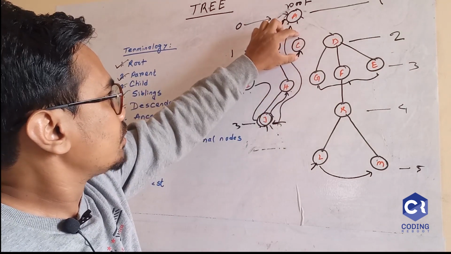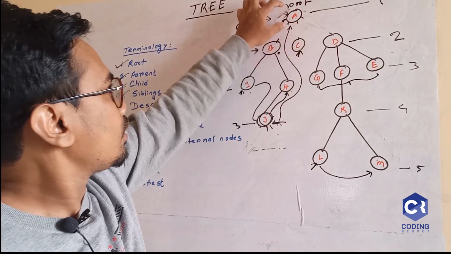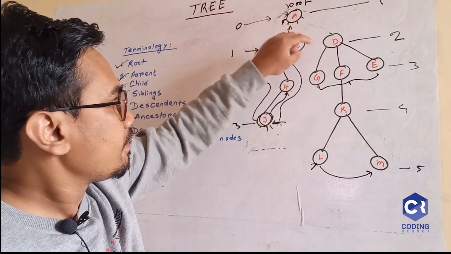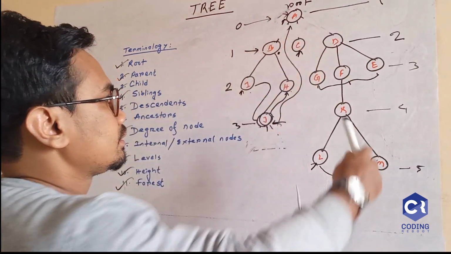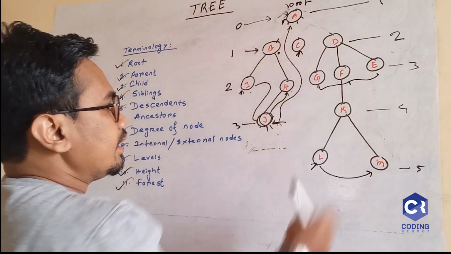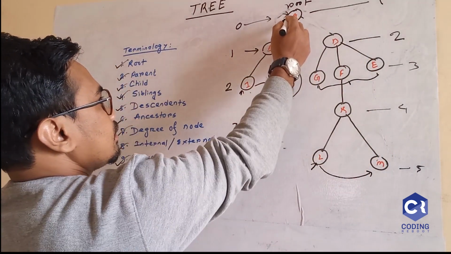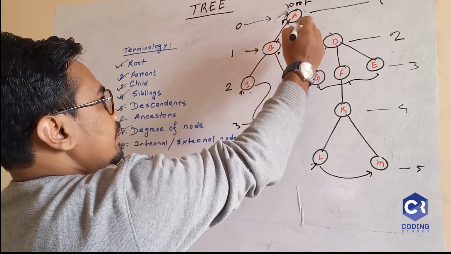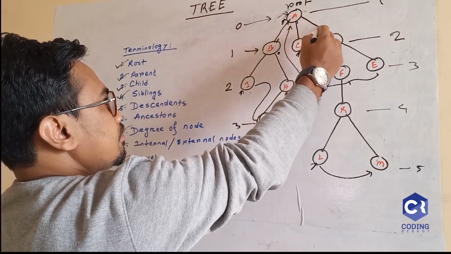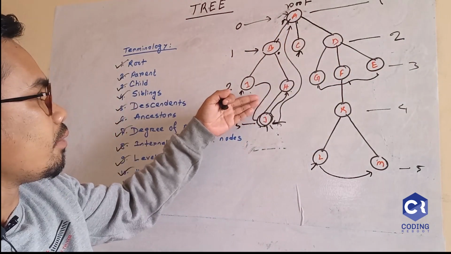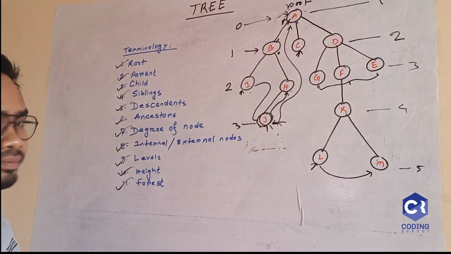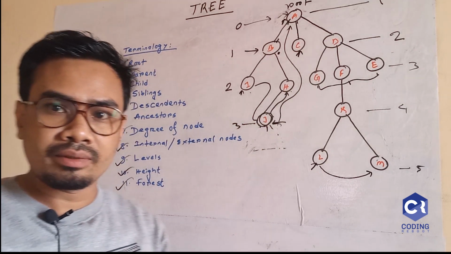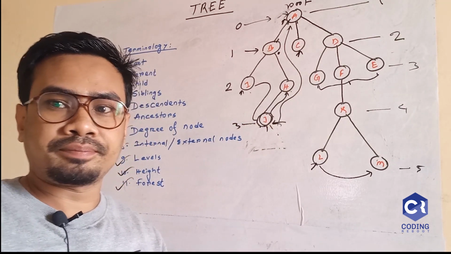Even only one node C is a tree, even only one node A is a tree, and the right side is also a tree. If you combine these together by joining them by H, then we are going to call this a forest.